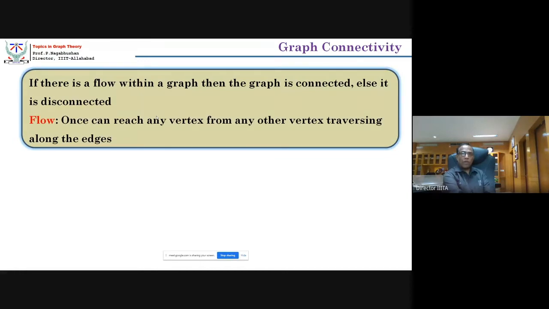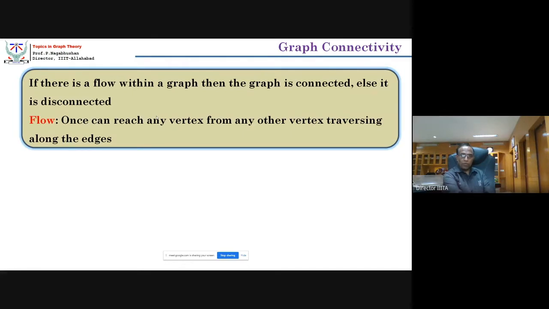If I start from any vertex, and I can manage to move to any other vertex, traversing through the edges present in the graph, then it is a connected graph. If I cannot reach even one particular vertex starting from a vertex, then the graph has to be essentially a disconnected graph.